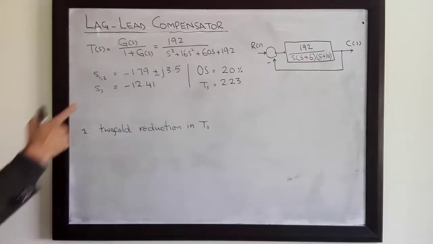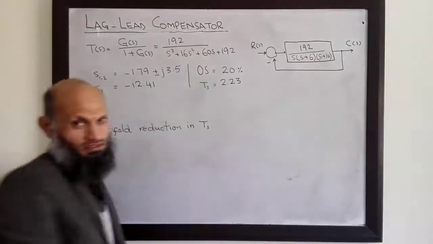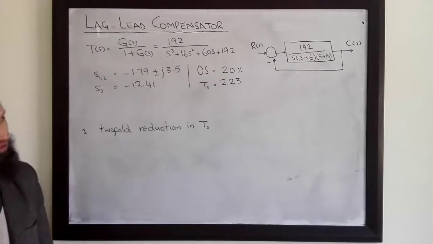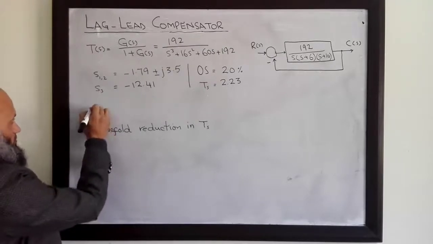What about steady state errors for this system? We can see that it is a type 1 system. So steady state error for step input will be definitely 0. Steady state error for ramp input can be computed.